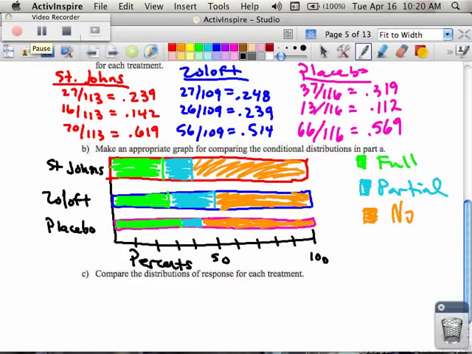When looking at part C, when it says compare the distributions, you're looking for kind of unique features.